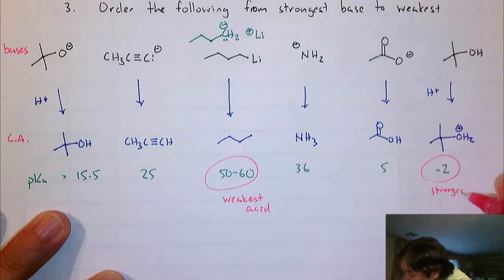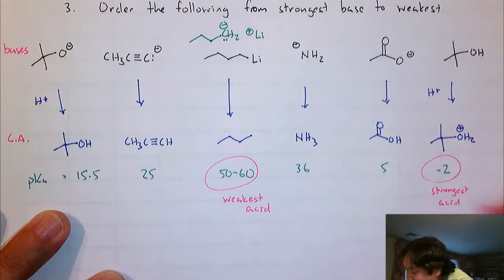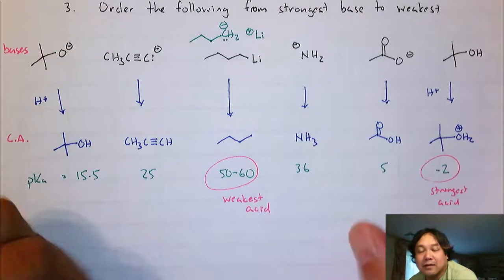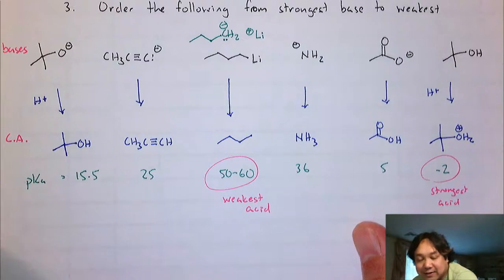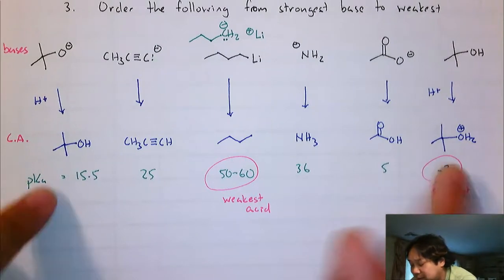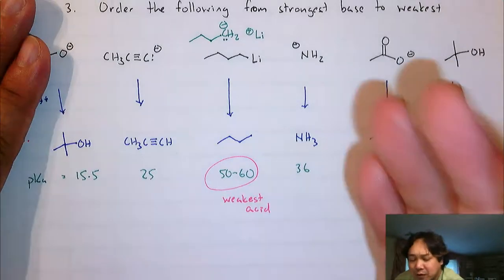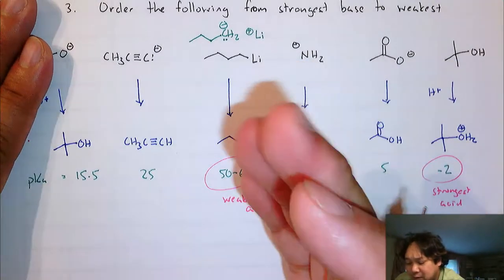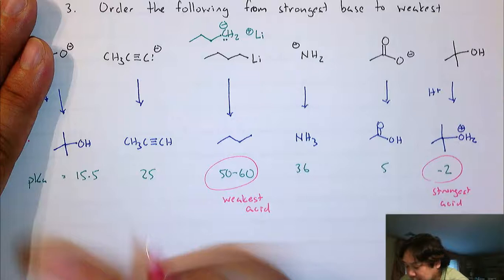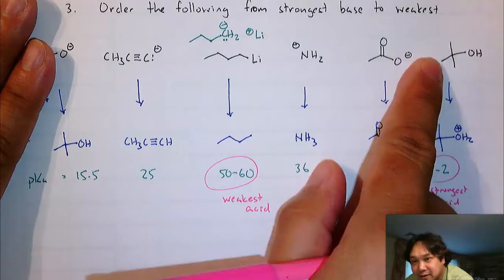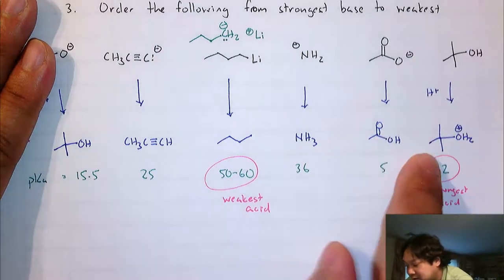Let's start with that. The strongest acid. The stronger the acid, the weaker the conjugate base. So I know I labeled this as the conjugate acid, but let's pretend we're going backwards. It doesn't matter what you think is the conjugate. This is a conjugate of that, and that is a conjugate of this, right?